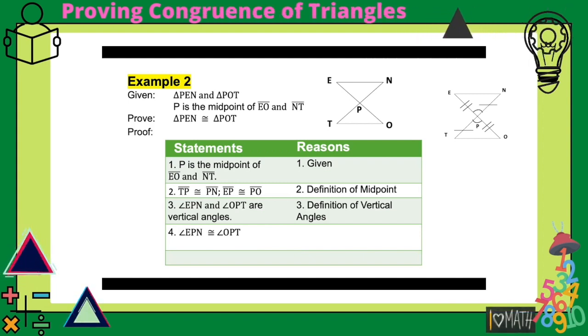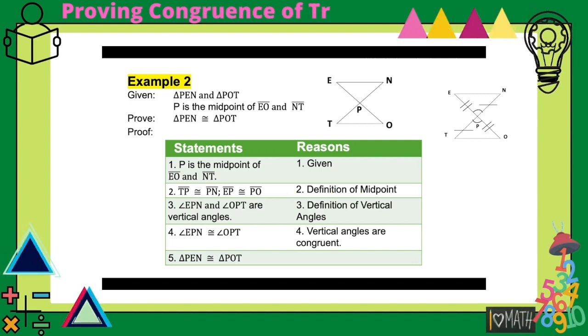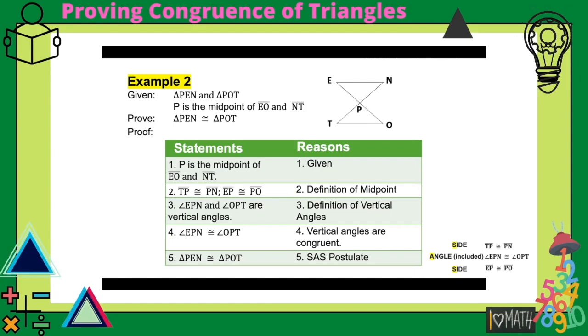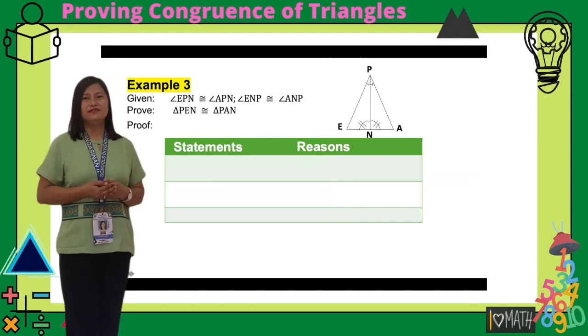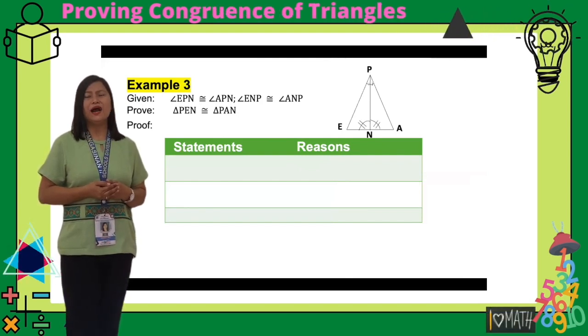And the reason is vertical angles are congruent. Since the 2 sides and included angle of triangle PEN are congruent to the corresponding 2 sides and included angle of triangle POT, then the 2 triangles are congruent by SAS congruence postulate.